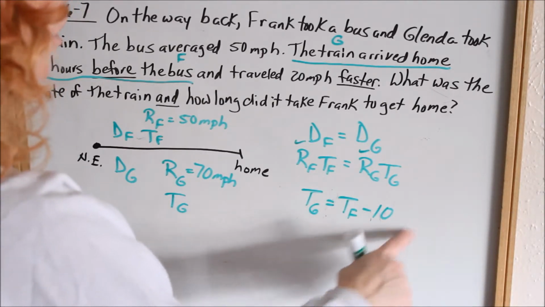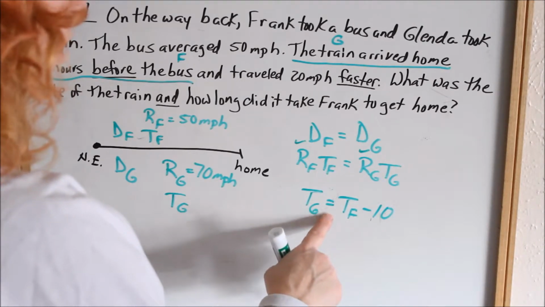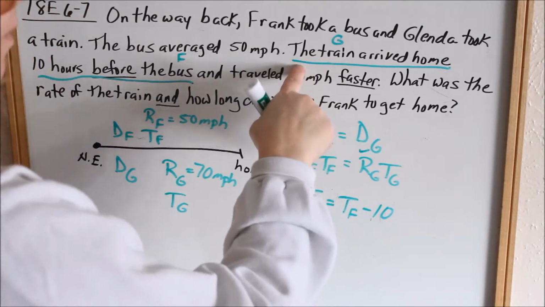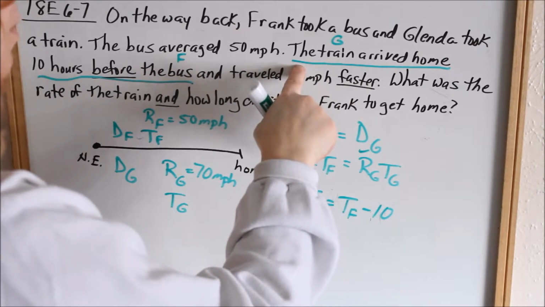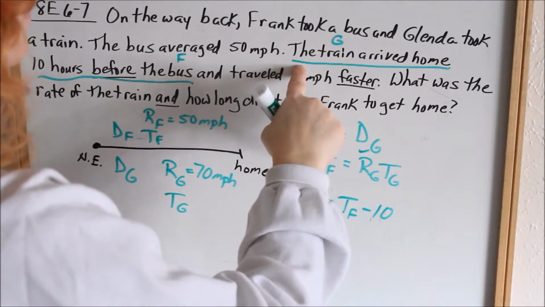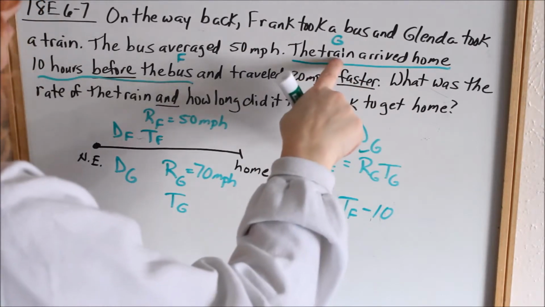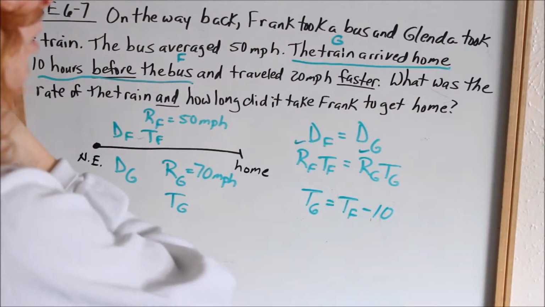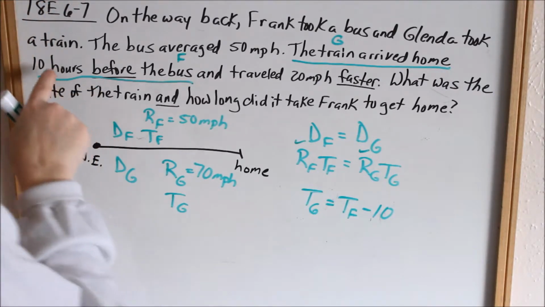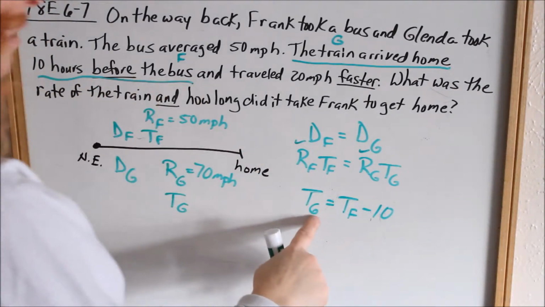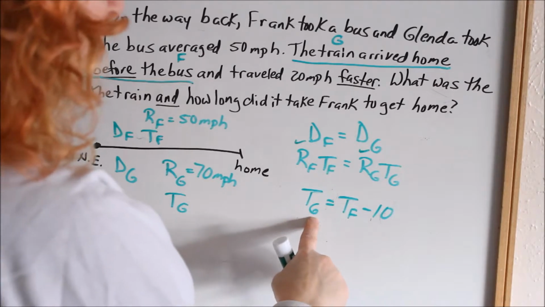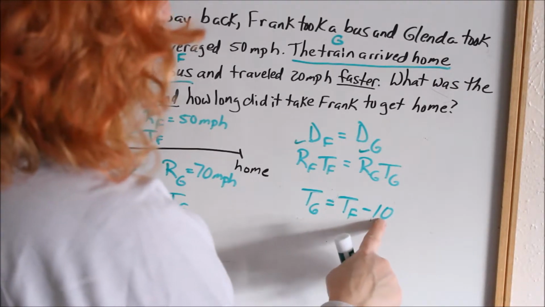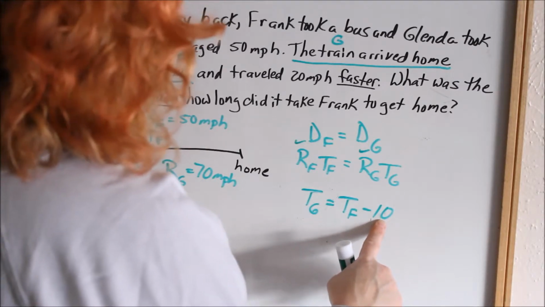Okay, so once you write this equation, make sure it makes sense. So from the information that we were given, whose time should be larger, or smaller, if you want to think of it? Glenda's time is less. So the train took less time because it got there 10 hours before. Does this equation say that? Glenda's time would be less than Frank's, because if you took Frank's time and subtracted 10 hours, the number will be smaller.